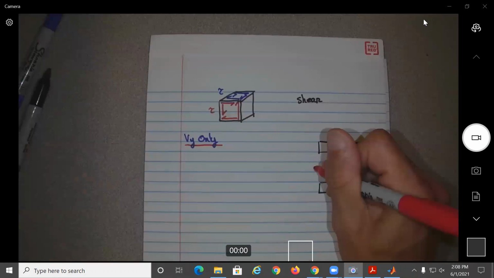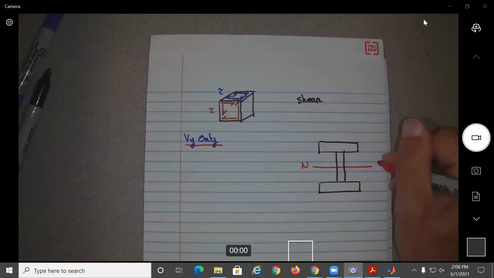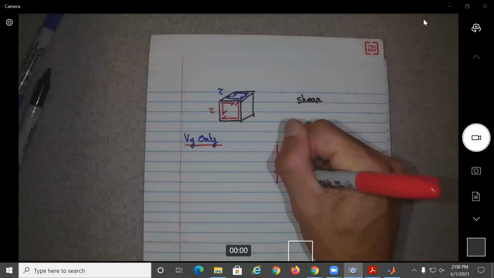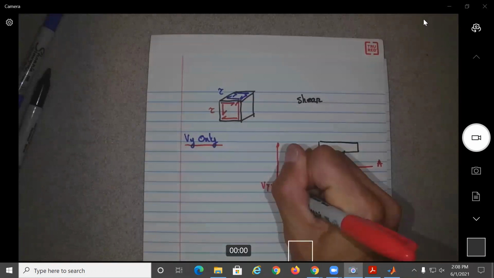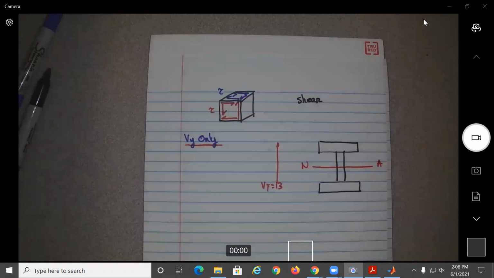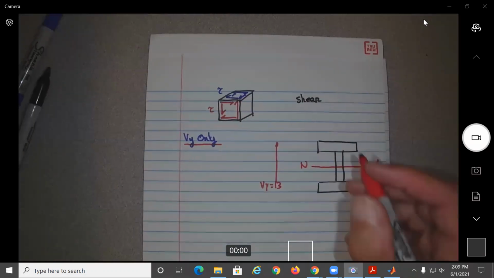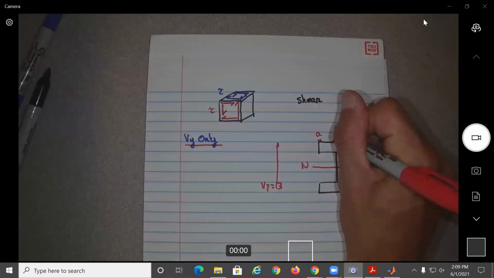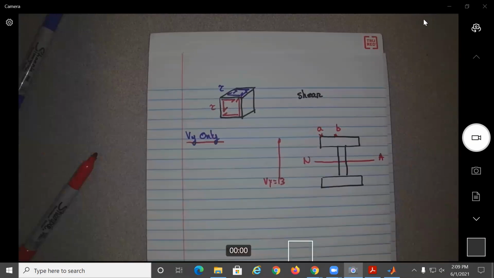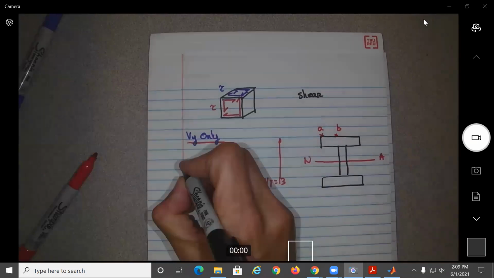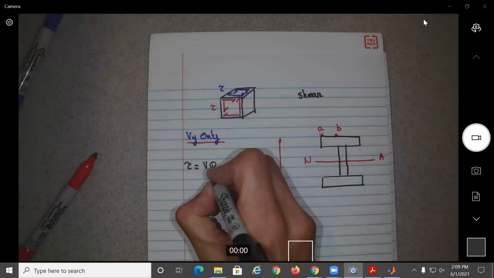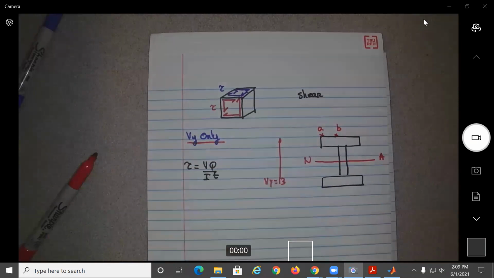This time, this will be the neutral axis, our force Vy going that direction, and it's 13. This is point A, this is point B. So here the equation would be tau equals VQ over IT.